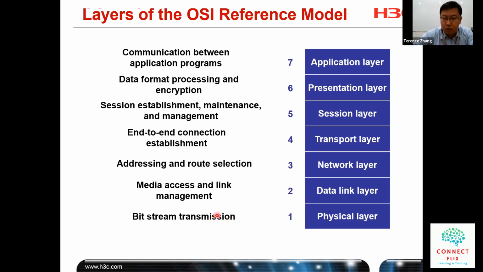So that's what the physical layer does. The physical layer deals only with bit stream transmission. And the data link layer deals with media access and link management.